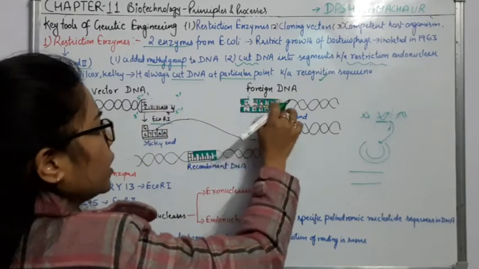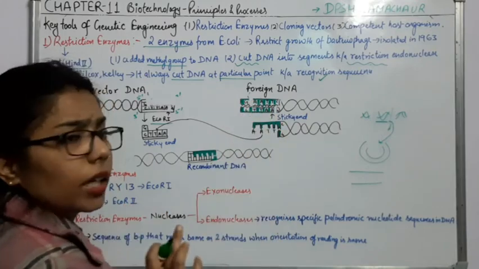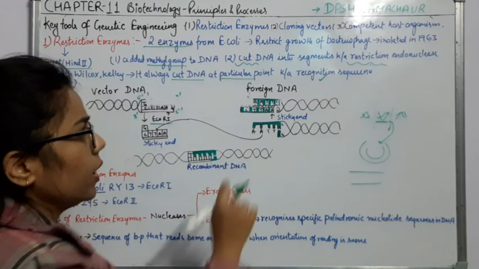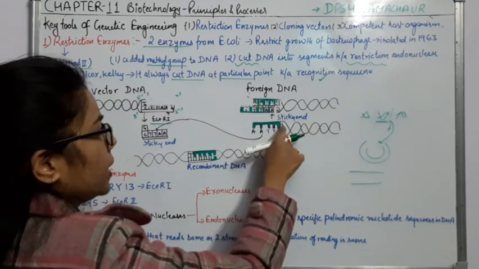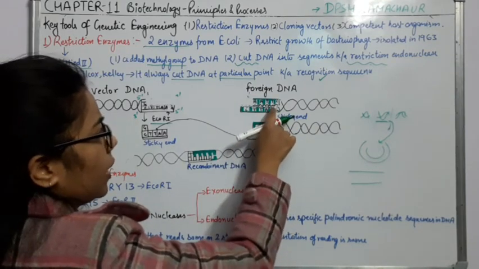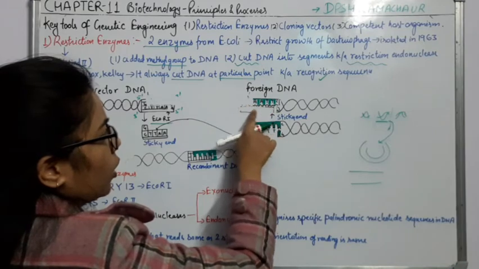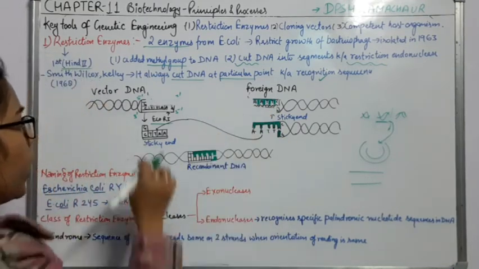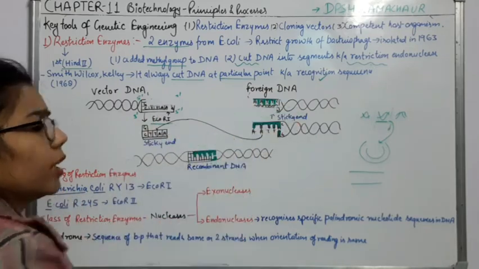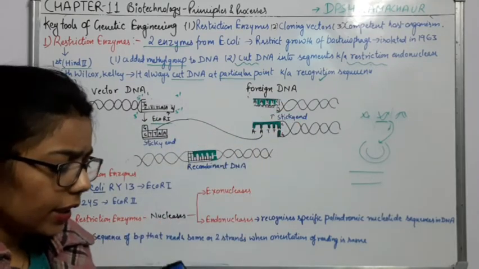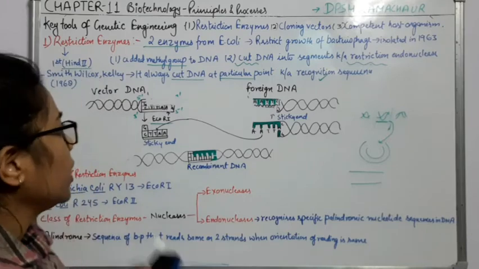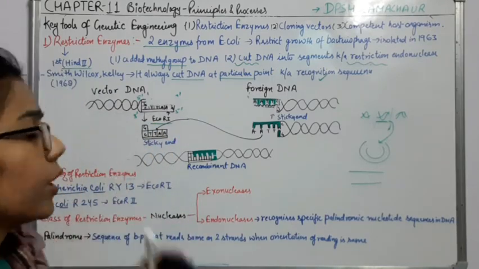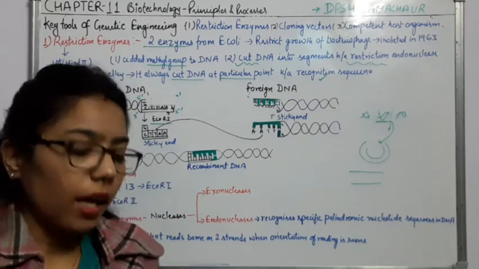If I cut the whole part at this G bond, you have this AATTC, and again if I break this bond, you have this much. So you find that these have different ends, and these different ends have different base pairs. On the basis of that we can say that these are the sticky ends.